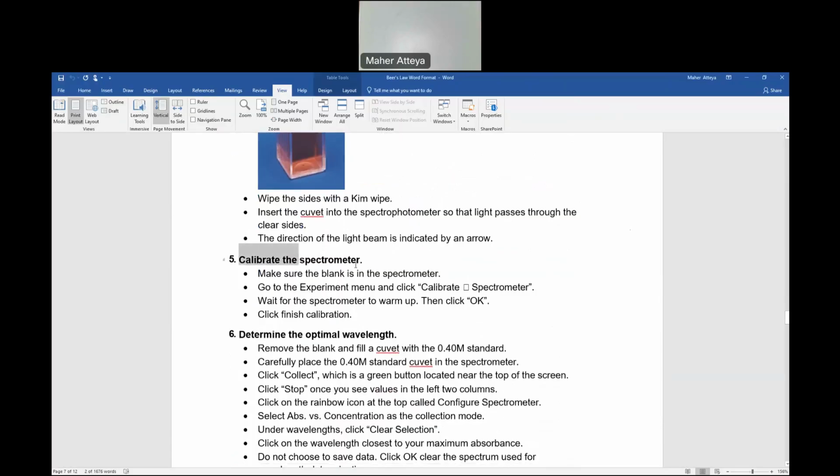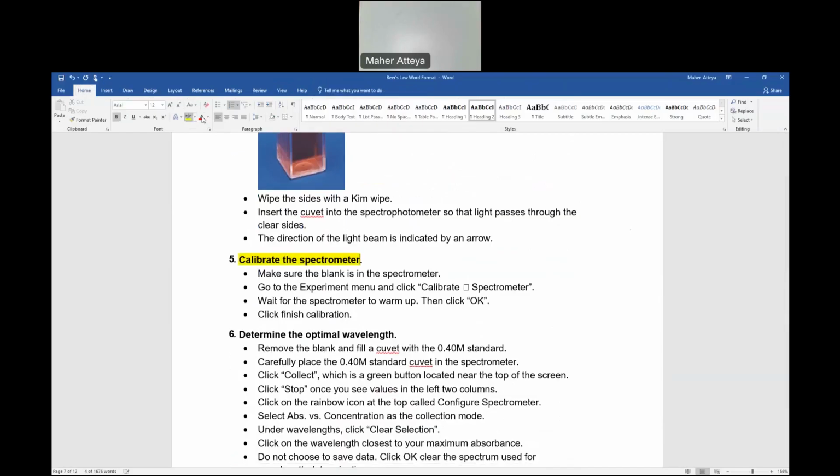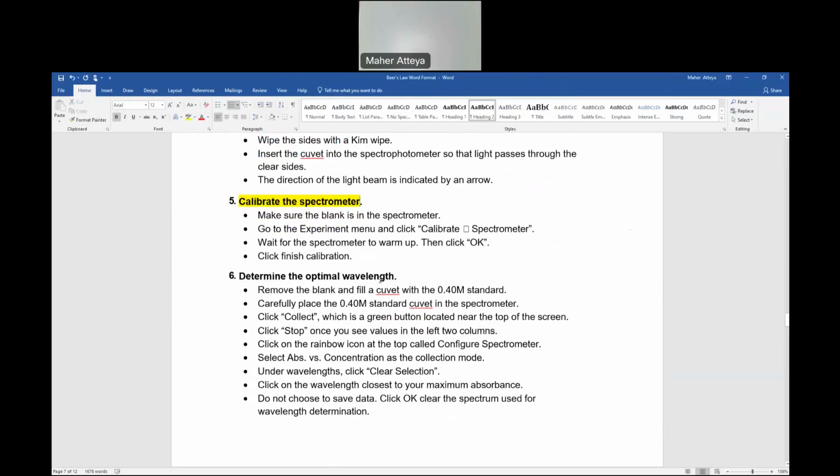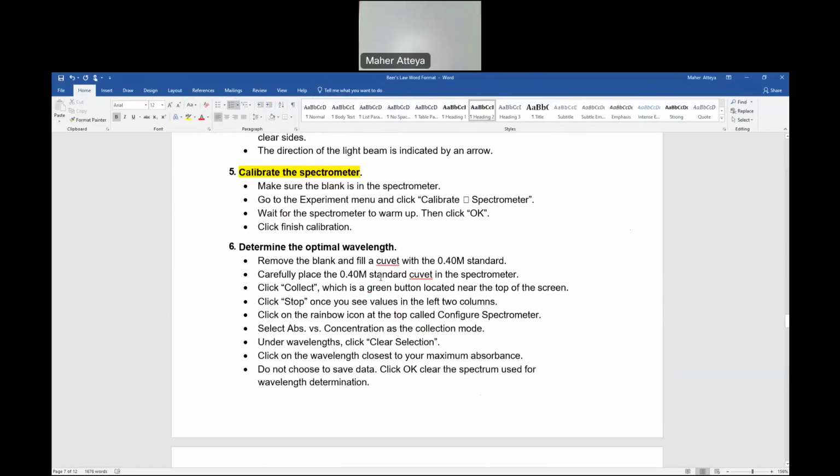Here you start doing the actual experiment, to calibrate the spectrophotometer. The spectrophotometer has been sitting for almost more than 5-6 months, so you have to calibrate it. You roll it up, you use it, and it's more than 15 minutes there, so it should be okay. And then that's how you calibrate it.